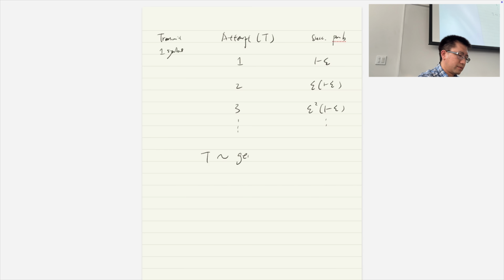Very good. Geometric distribution with failure probability epsilon, right? So now we can compute the expectation of T here, right? That's basically equal to the sum over t from 1 to infinity of t times the probability of success at t, right? So that equals to, we need to write down the P_t here, right?